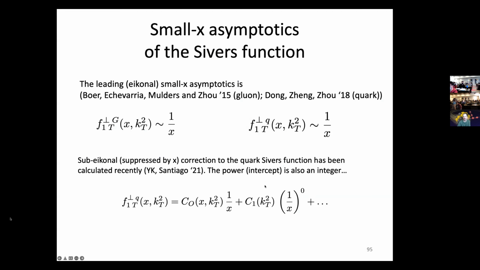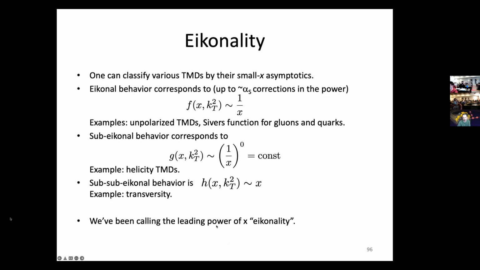One can find a sub-eikonal correction to it, and Gabriel Santiago, who is attending the school, albeit virtually, and myself just last year found this correction. It also turns out to be an integer power of x. So all these integer powers of 1/x are integer not because no one tried calculating the order alpha_s corrections to the power. It's because those corrections were 0. So it's a bit of a magic thing there.